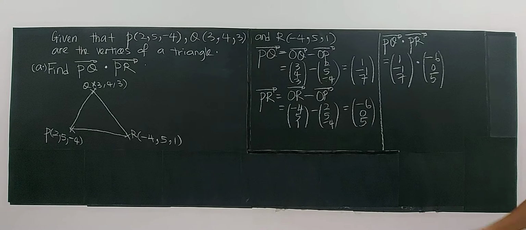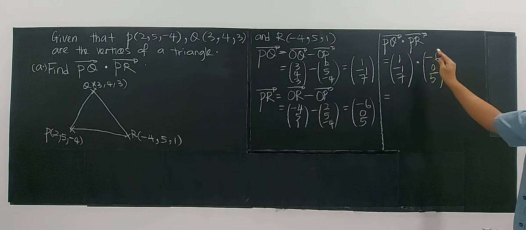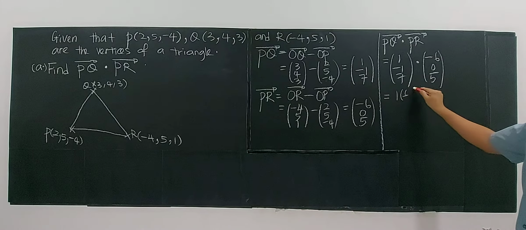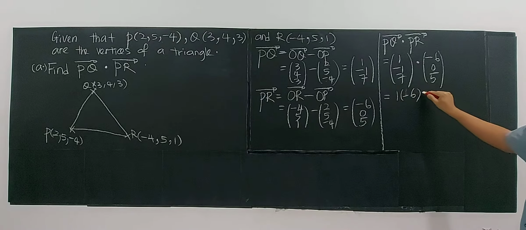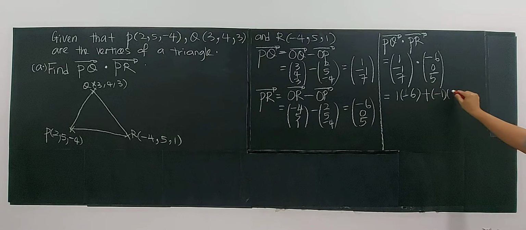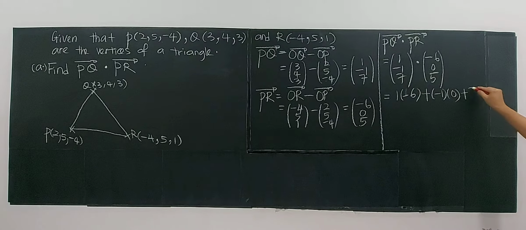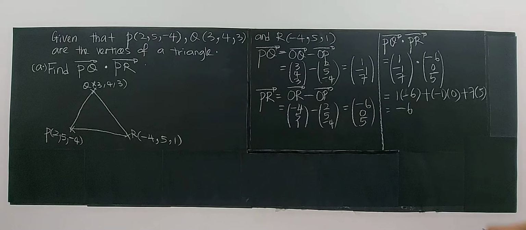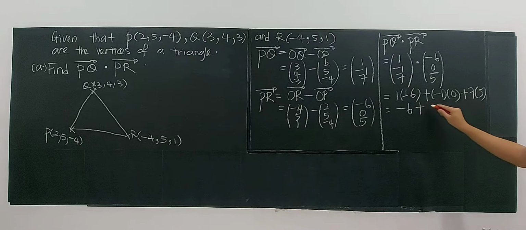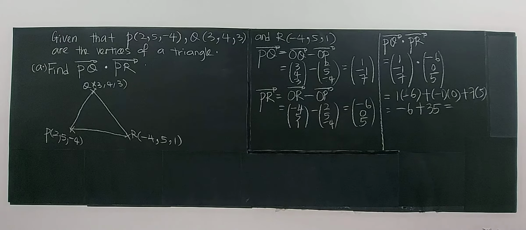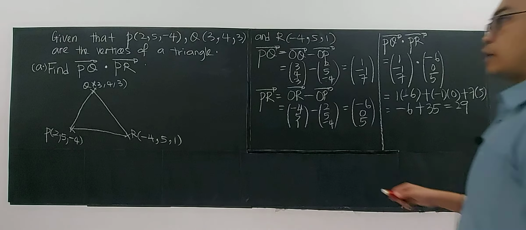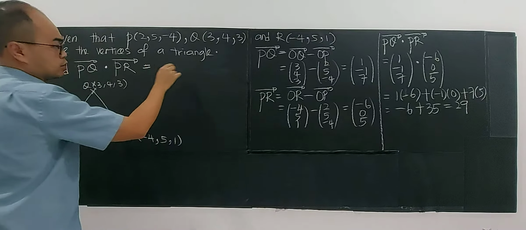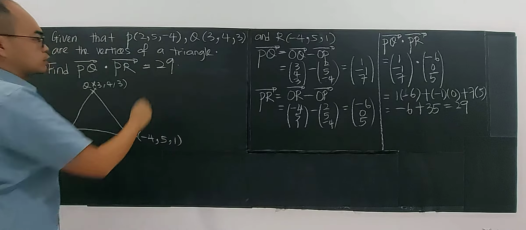We just do the dot product: 1 times -6, plus -1 multiplied by 0, plus 7 multiplied by 5. That gives -6 plus 35, and you get the value of 29.